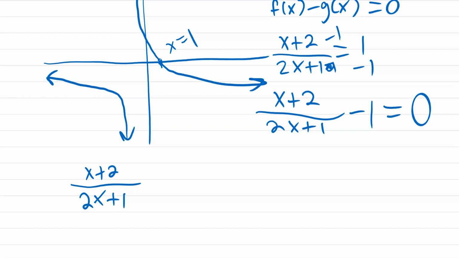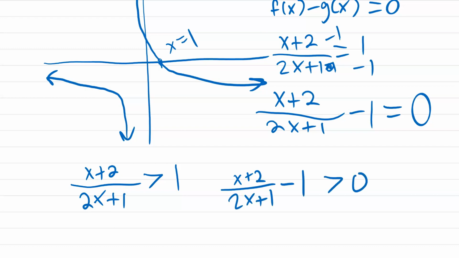What if I said, where is that greater than 0? I'm sorry, it wasn't a 0. Greater than, what was it, 1 initially? So rather than look at this, I would rather look at that x plus 2 over 2x plus 1 minus 1.